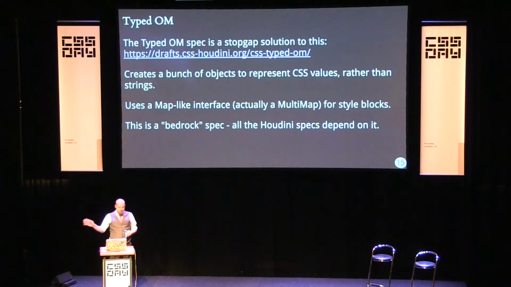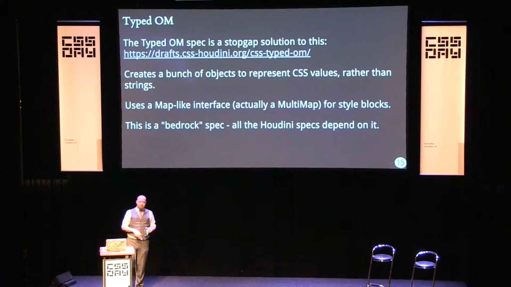The style map I'll get into in the next example, but things like numbers. If you want a 5 pixel value, instead of a string holding the characters 5px that you've got to manually throw a regular expression at, it'll be a CSS unit value object with a dot value of 5 and a dot unit of px. You can increment that, you can add it to other numbers. We'll get to a few examples in a moment.